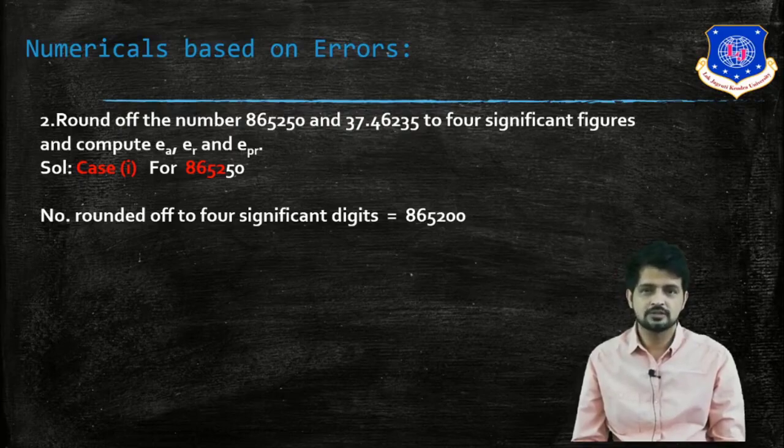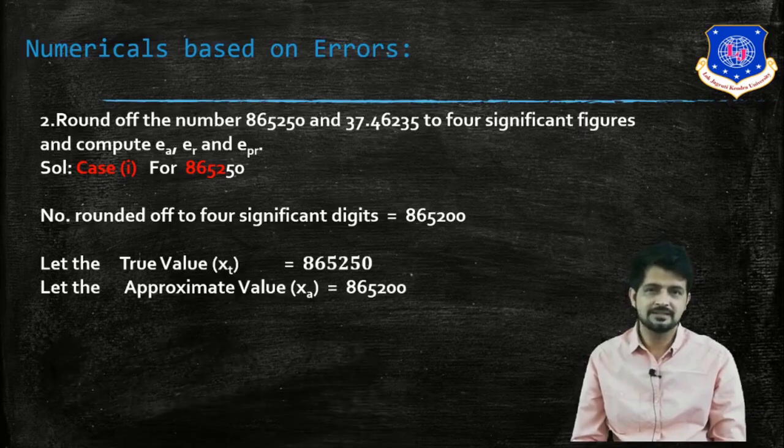So first 4 significant digits are 8652 and the remaining 2 will be zeros. Up to 4 significant digits means 8652 are the significant and remaining 2 we have to round off. So again the remaining 2 will be zeros. So this is the given number. We will consider the given number as a true value and the approximate value will be 865200.